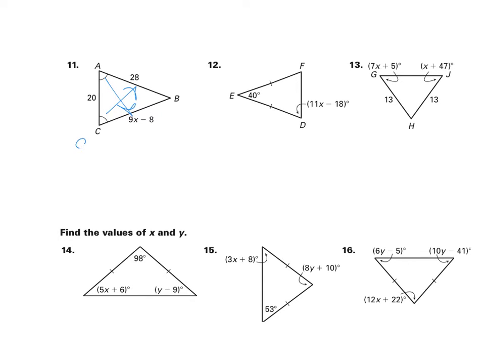To pick the right 2 sides in this isosceles, all the sides are labeled. Okay, you try 12 and 13. Hint on number 12. What do these 2 measures have to equal? And then 13 is relatively easy.